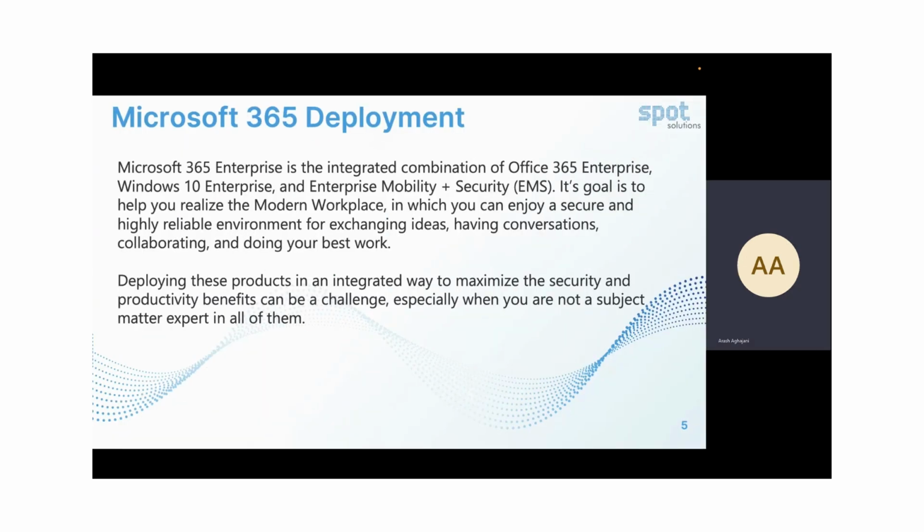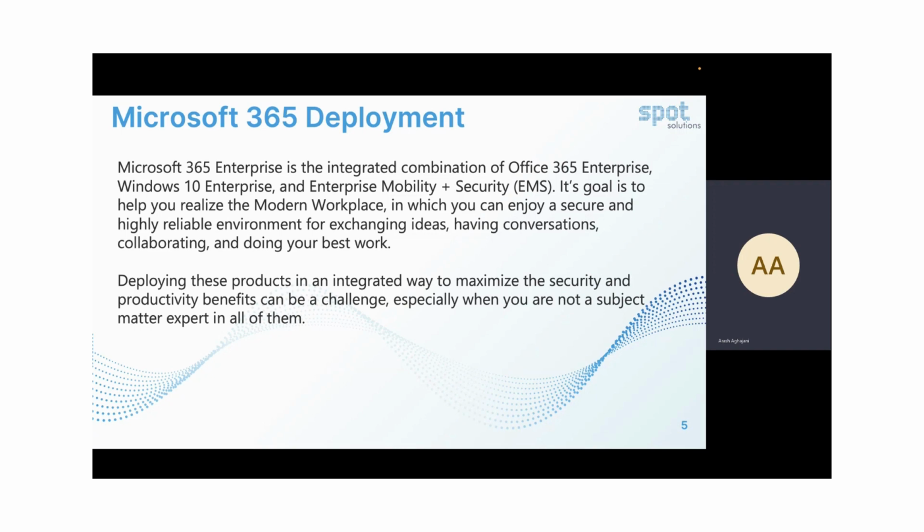So let's take a look at Microsoft 365 deployment and what Microsoft offers for deployment. There are 3 ways offered by Microsoft for the deployment of Microsoft 365. Microsoft 365 Enterprise is the integrated combination of Office 365 Enterprise, Windows 10 Enterprise, and Enterprise Mobility plus Security.